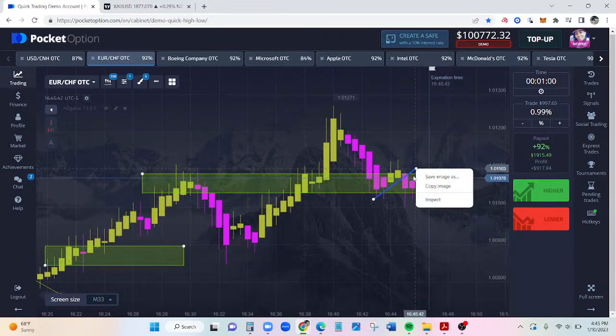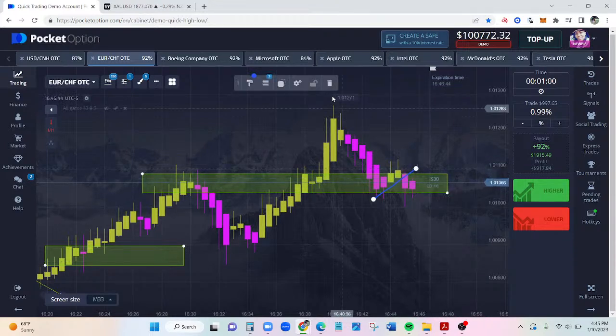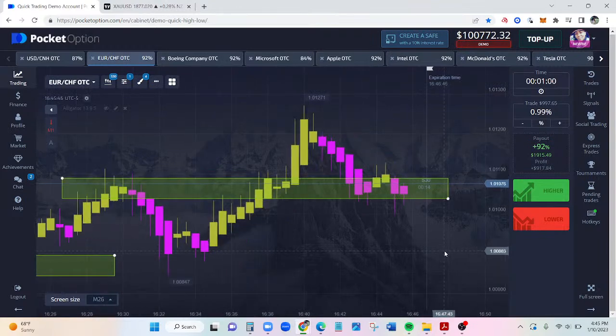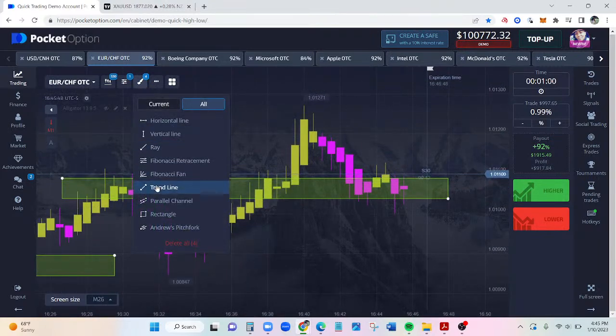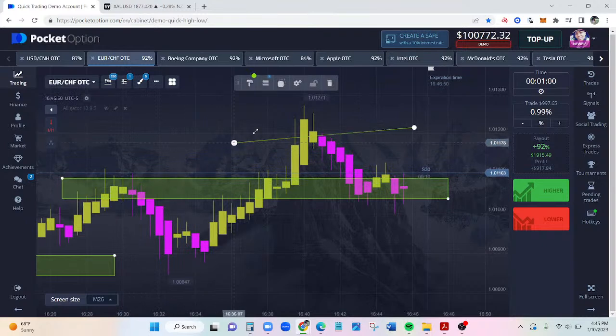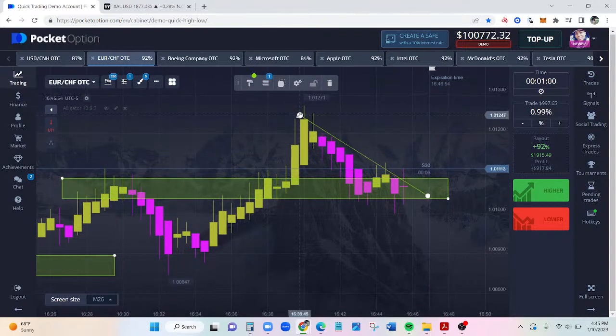Everybody's still kind of inside the master candle, so we're waiting. Maybe here it's coming. Maybe it's ready this time.